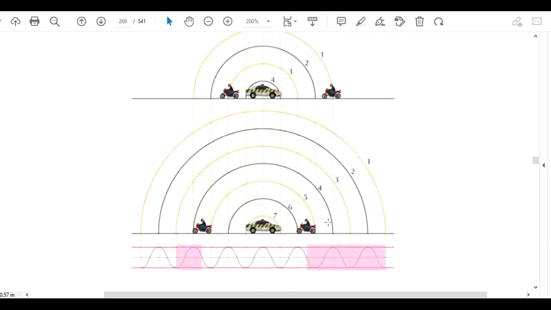This person is moving from wave 1 through 7, and this one is moving from 7 in the other direction. So this one is going to experience a lot of waves per unit time, and this one is going to experience a lesser amount of waves per unit time. Why is that?